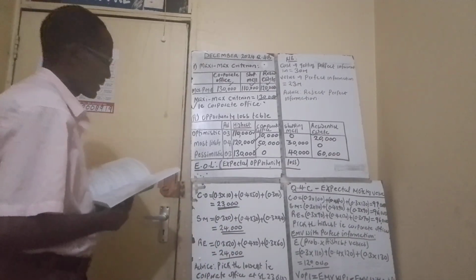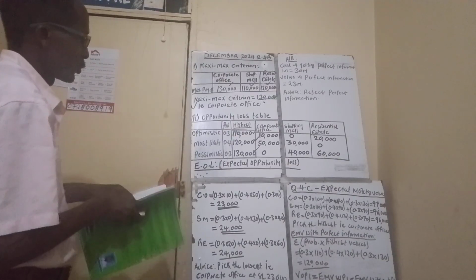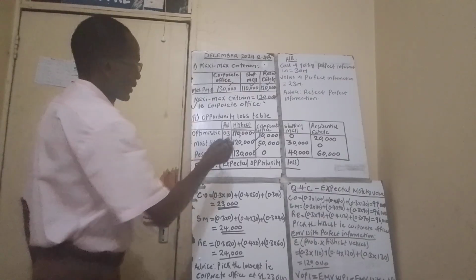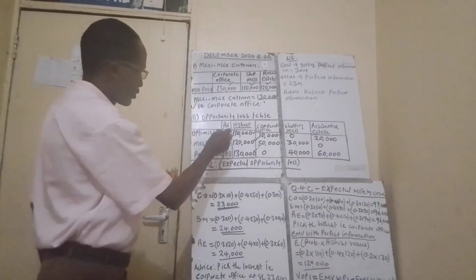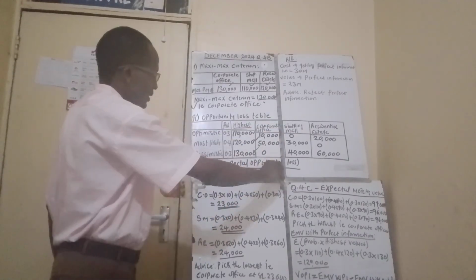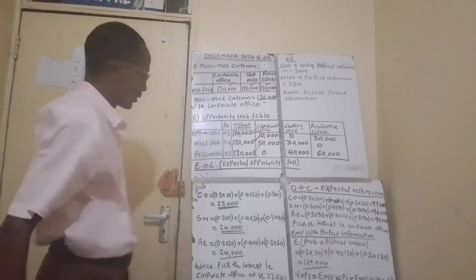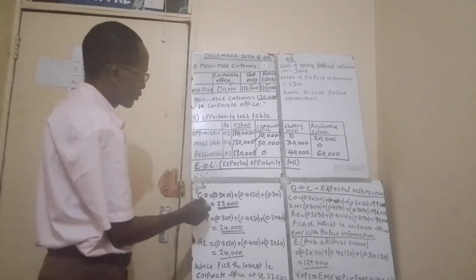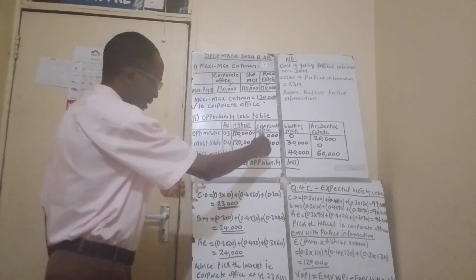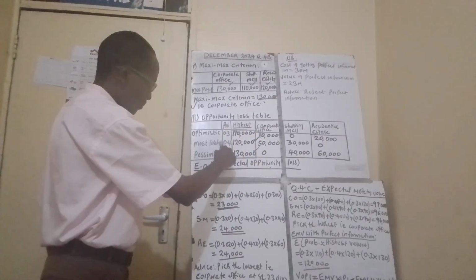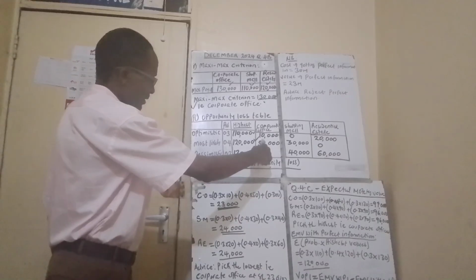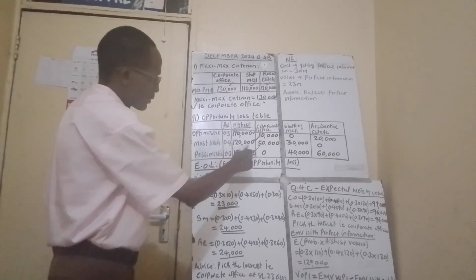Now, once you have gotten that, the next thing you do is multiply. For corporate office, it's just the probability times all these numbers, and you sum them together. So for corporate office, 0.3 times 10 million plus 0.4 times 50 million plus 0.3 times 0.